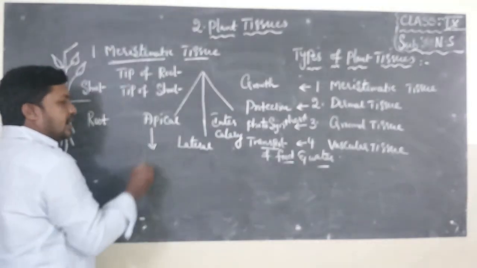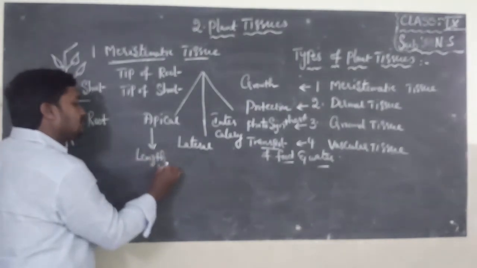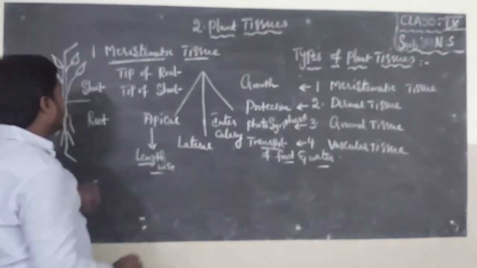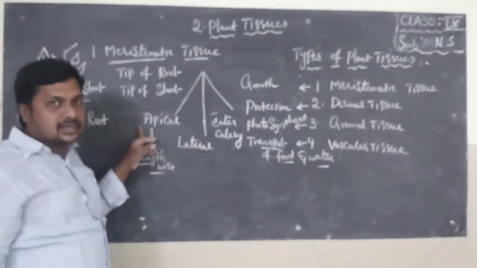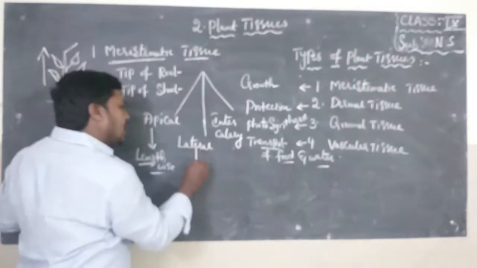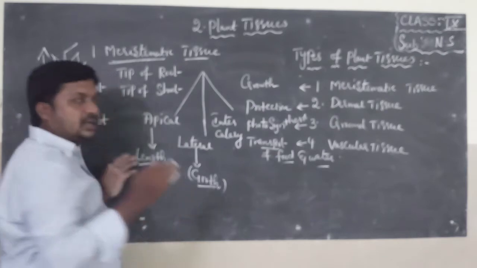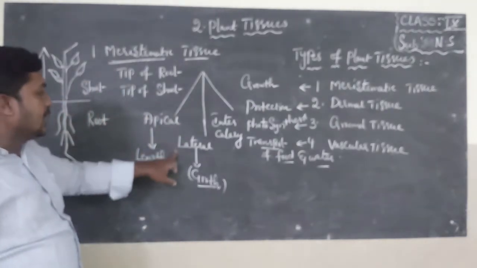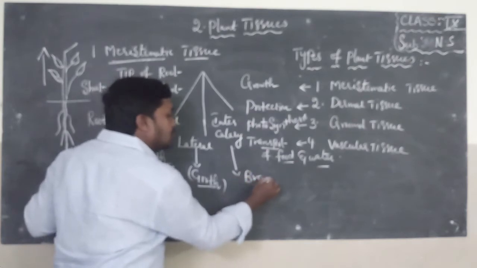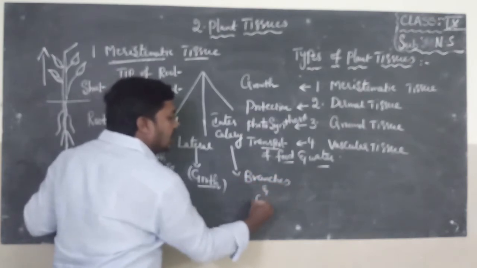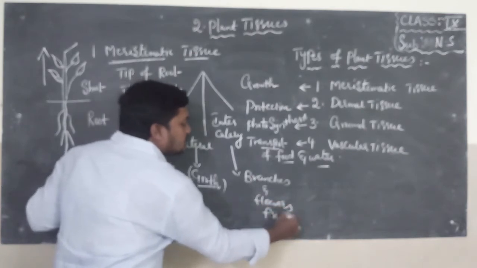Apical meristematic tissue increases the growth of the plant lengthwise. Lateral meristematic tissue increases the girth of the plant, the width. The width of the plant can be increased with the help of this tissue. Intercalary meristematic tissue helps to give branches, flowers, fruits and stalks.